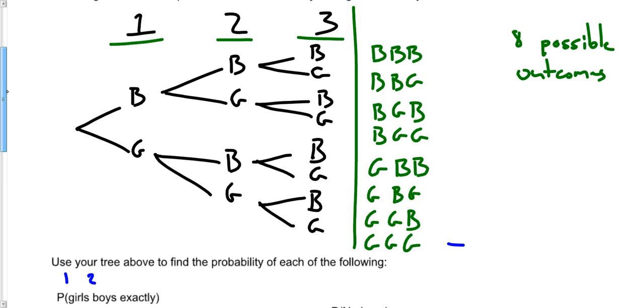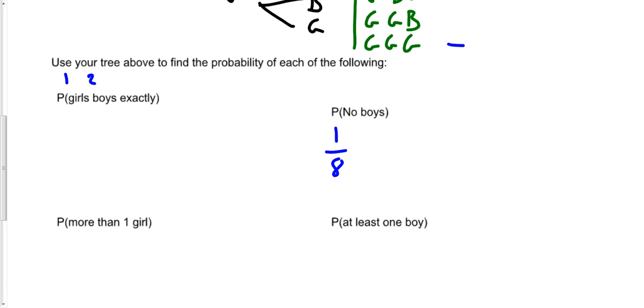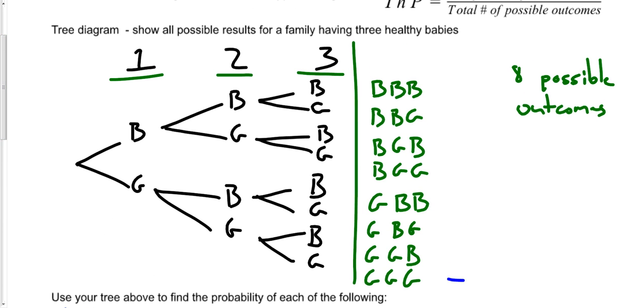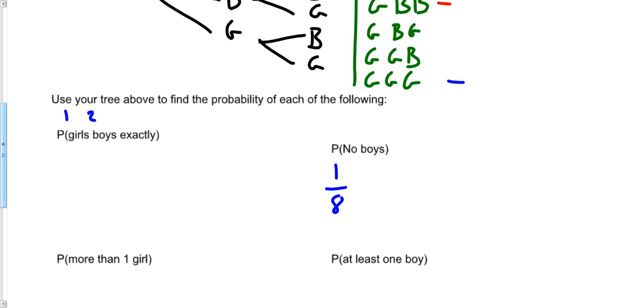It happens here. One girl, two boys. And it also happens here. Okay? So 2 out of the 8 possibilities for one girl and two boys. So 2 out of 8, which in lowest terms is 1 over 4.